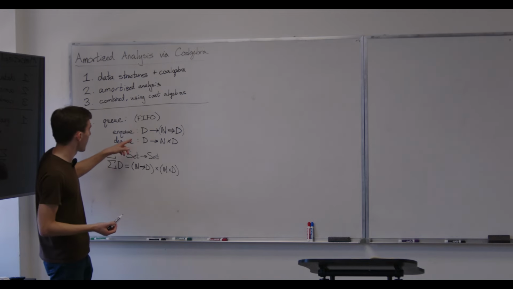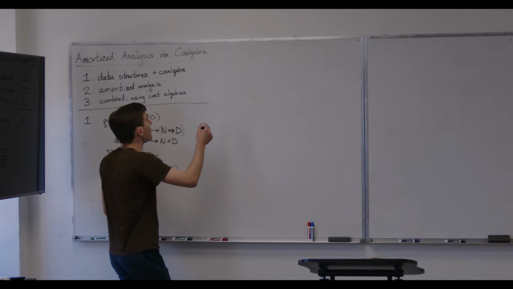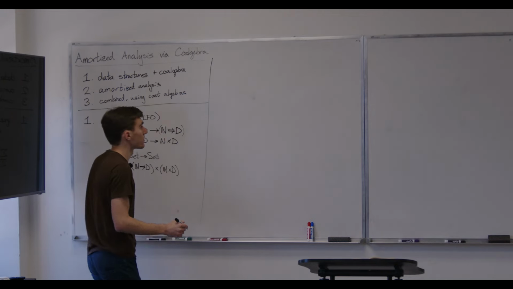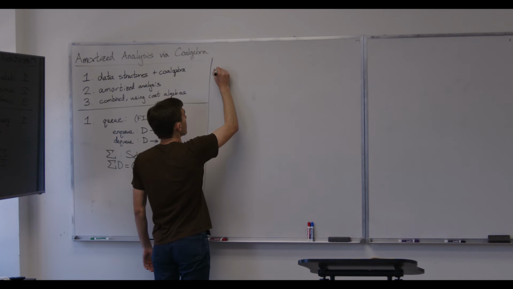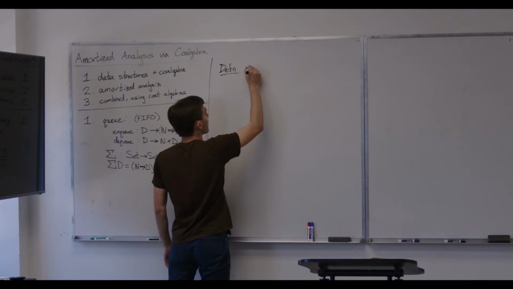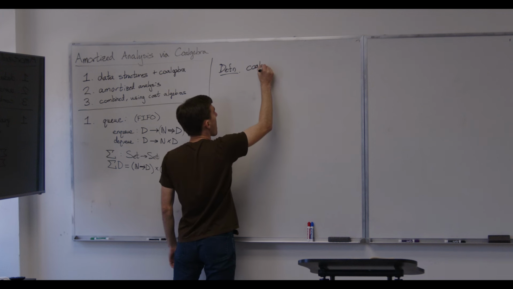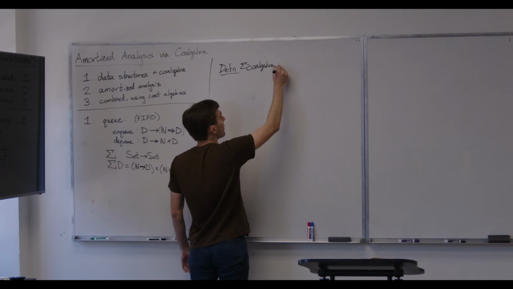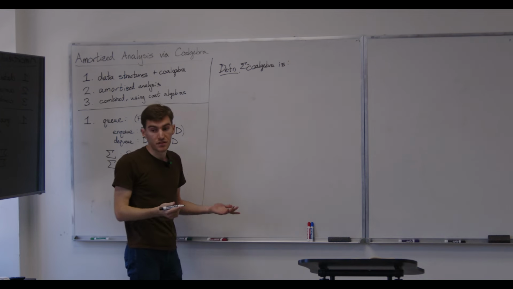But of course, just having these types doesn't really tell us what the data structure is doing. So to implement the data structure, we're going to use a coalgebra. Let me just write a quick definition. A coalgebra, or maybe a sigma coalgebra, is an implementation of the signature sigma.